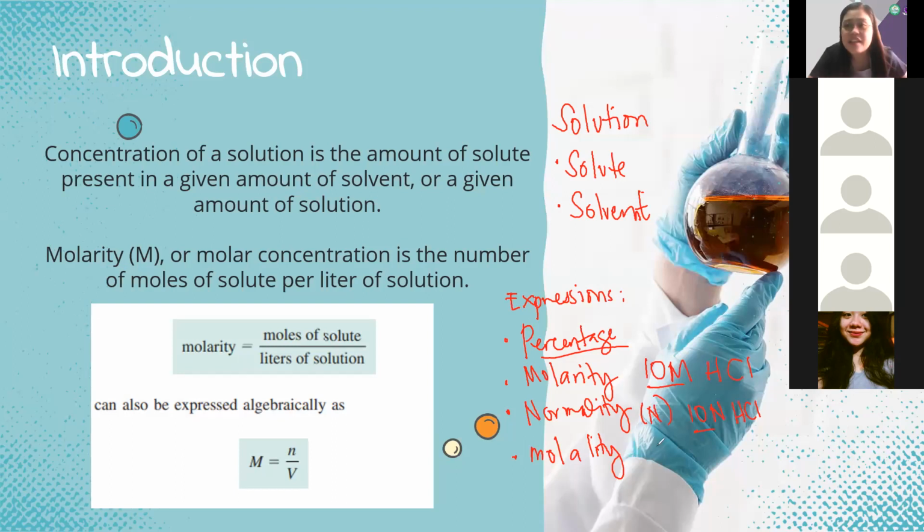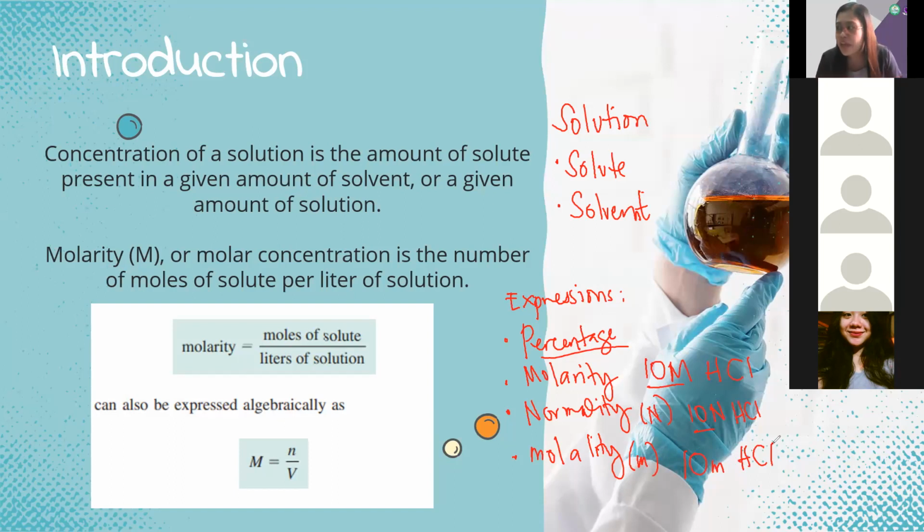But this one is also an expression of concentration, and unlike molarity, which is a capital letter M, molality is a small letter m. So example, 10 m hydrochloric acid. So that's two different things.